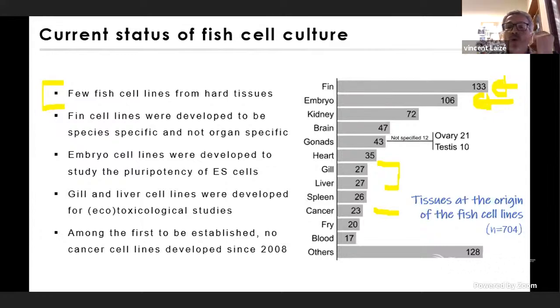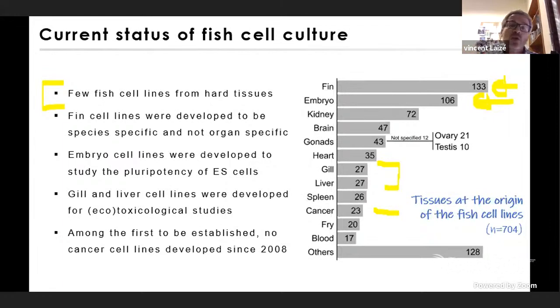We think that fish cell lines were developed to be species-specific and not organ-specific. In other words, the biologists wanted a cell line from a specific species, and the first organ easily accessible to prepare that cell line was the fin.